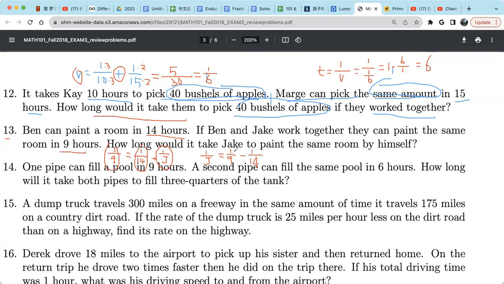We multiply this one by 14/14 and this one by 9/9. Then we have a common denominator of 9 times 14. And in the numerator, we have 14 minus 9, which is 5.